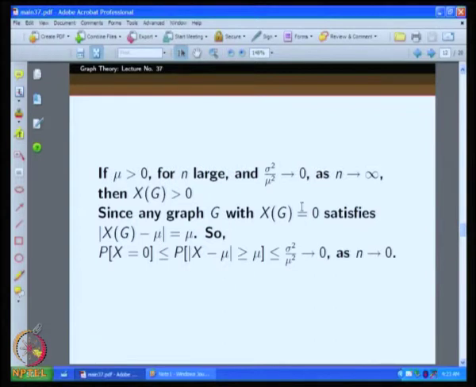In the Chebyshev inequality we have to take, instead of lambda, we have to put mu.